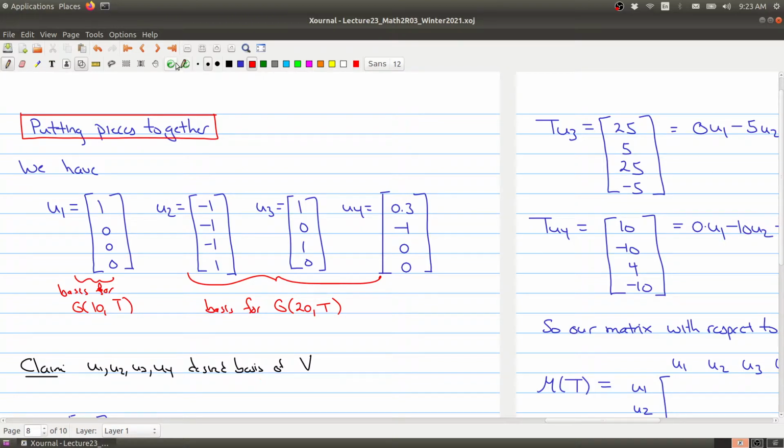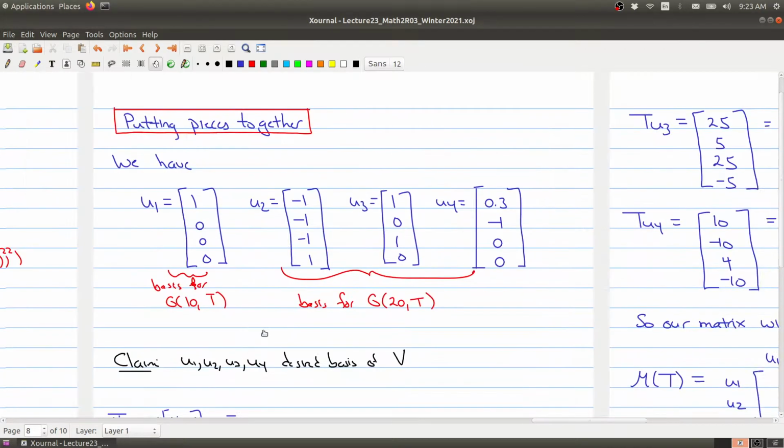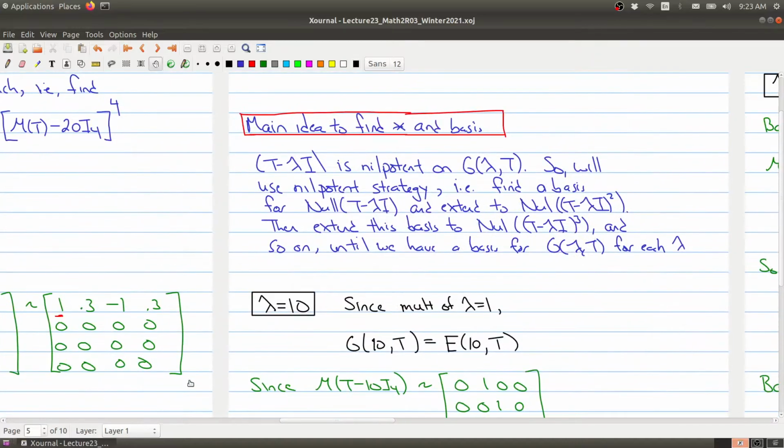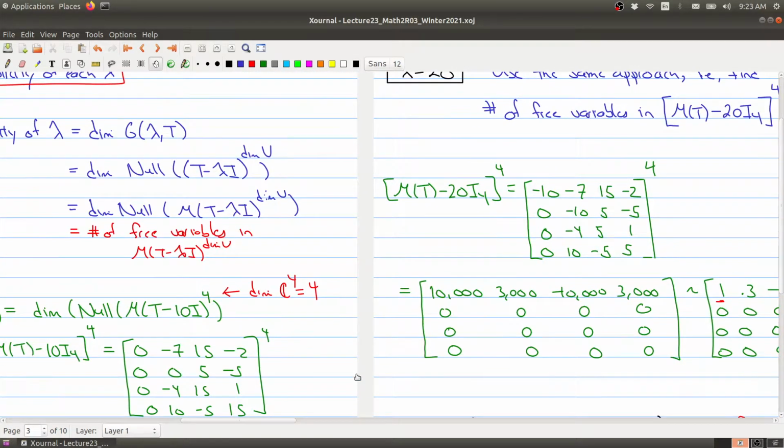Okay, so first of all, you should notice that this is a basis of V. V was four-dimensional, and vectors from different eigenspaces are linearly independent, so there's no linear relationship between them. In fact, you can go back all the way to the beginning. Let me show it to you.